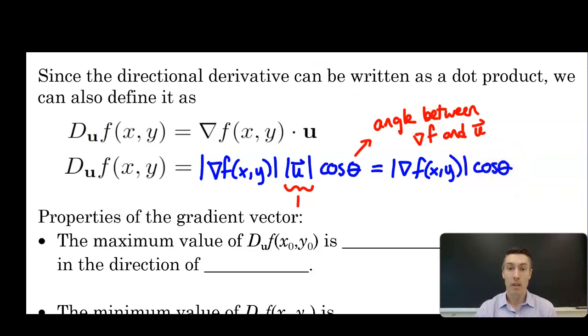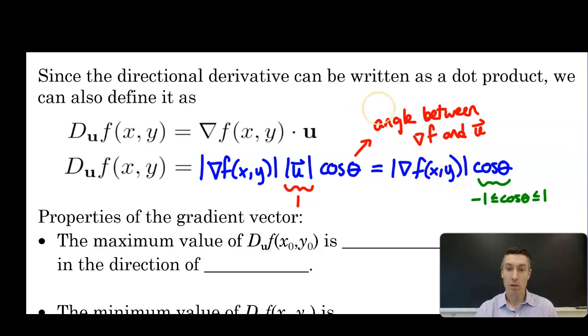If we think about cosine theta, it is between -1 and 1, which means that this expression can have the largest value possible of the magnitude of the gradient vector times 1, and the minimum value would be when cosine is -1, and that would be the negation of the magnitude of the gradient.